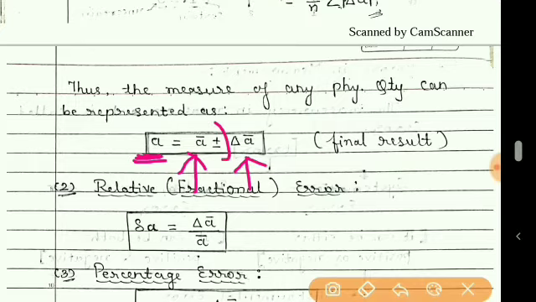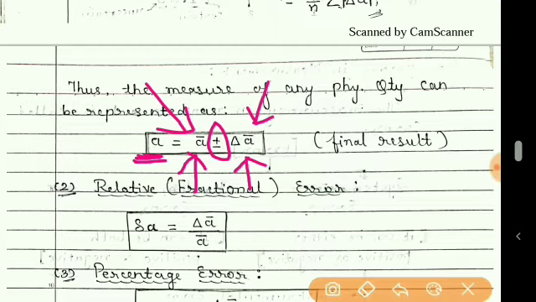Why is it plus or minus? Because to this true value, this much error can be added, or can be subtracted from the true value, and that will give us the range of the measured value.